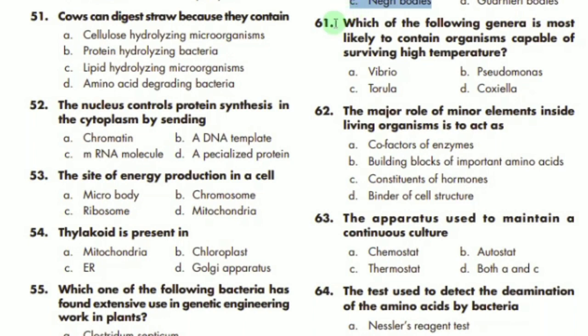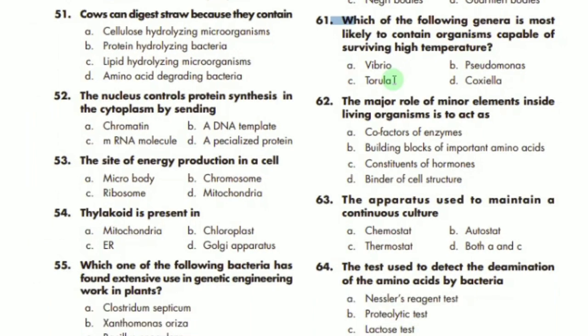Now 61 number MCQ says that which of the following genera is most likely to contain organisms capable of surviving high temperature. So the organism that can survive at a high temperature, the correct option is Torula. C is the correct option, Torula.